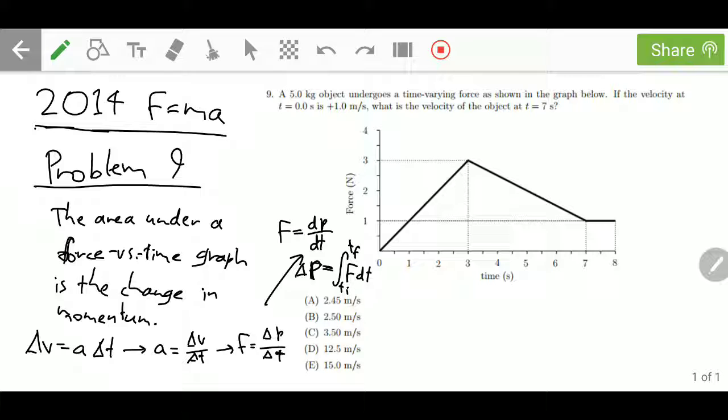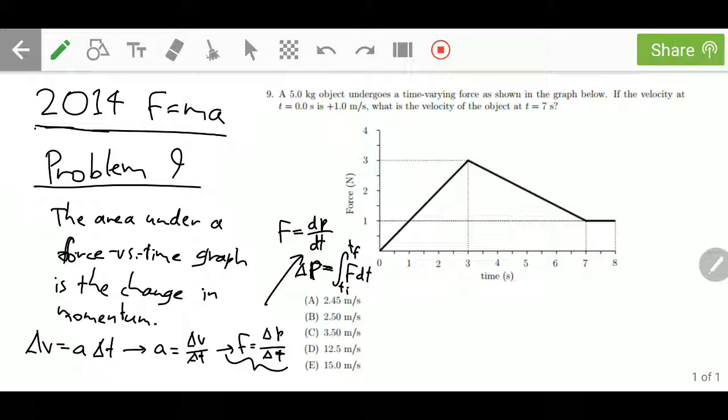Now, if you don't know calculus, then don't worry about that, because really what you need to know is that the area under the graph is a change in momentum. And you can see that just by the fact that this is true for a constant force.